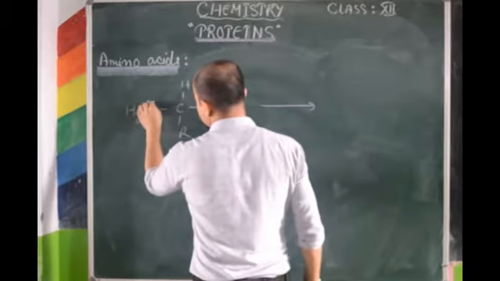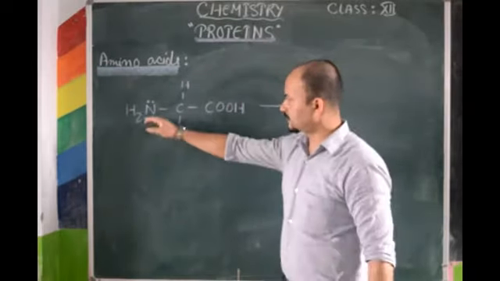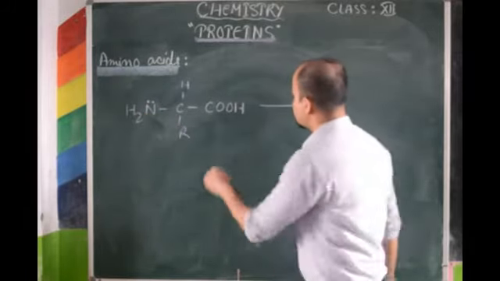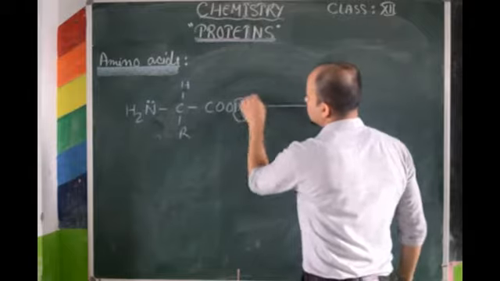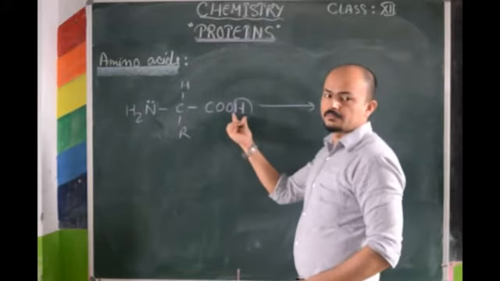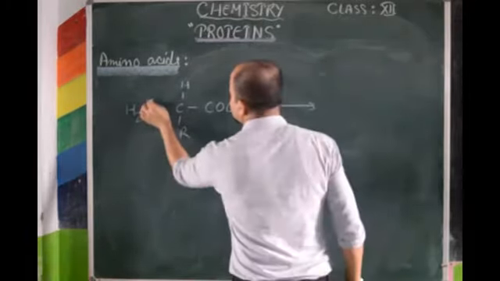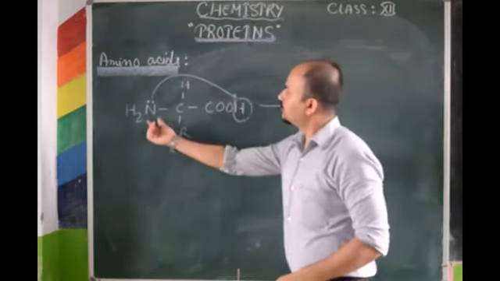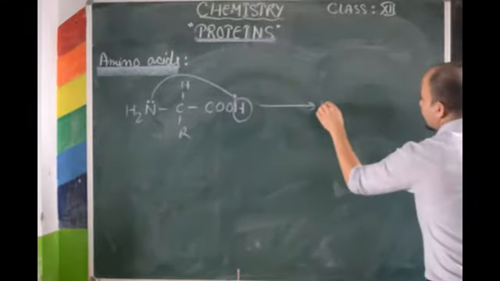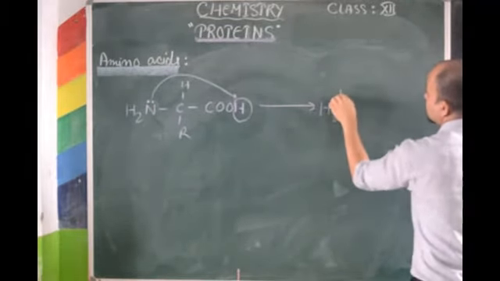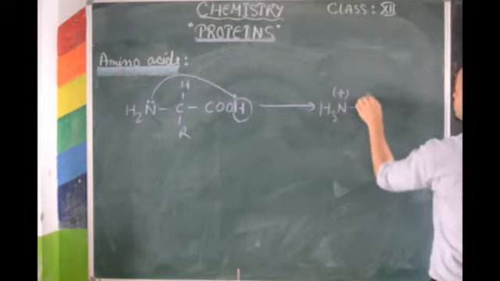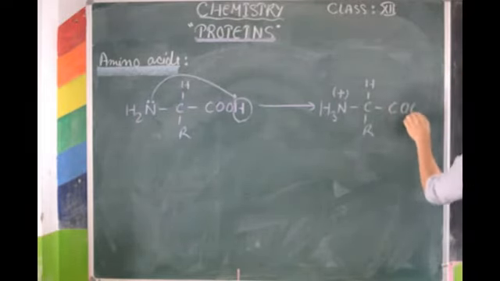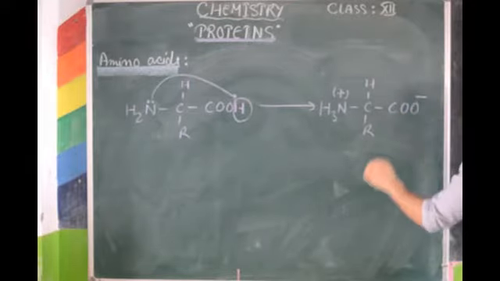You know nitrogen contains a lone pair. This nitrogen's lone pair will abstract the proton of the COOH group. Please don't forget this. As a result, here you will have NH3 plus, which becomes positive, and you have CHR, and here it becomes COO minus.